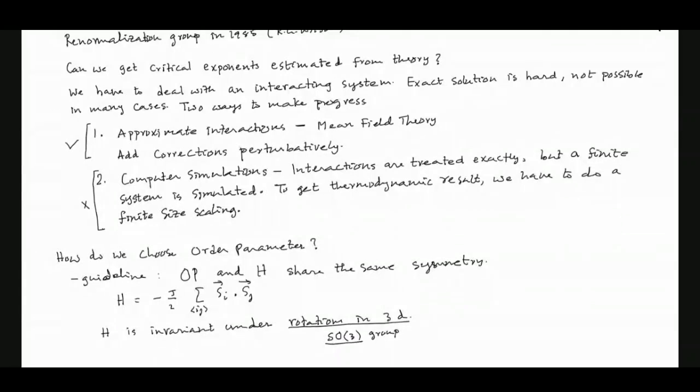Like in classical mechanics, the Euler angles are like parameters of this group, and the matrices you wrote down with Euler angles are kind of generators of this group. But let's not give too much importance to this group theory language. What I'm trying to say is that you make any rotation, the Hamiltonian does not change. That is the symmetry of the Hamiltonian.